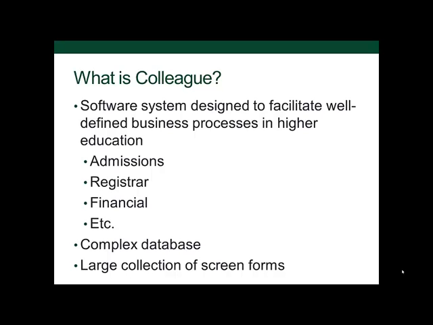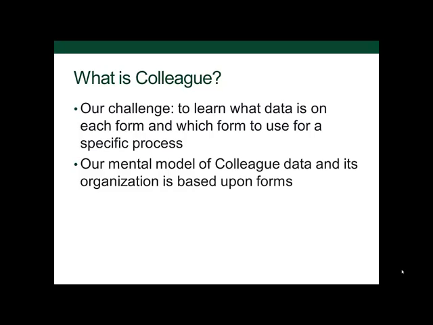At its core, Colleague is a complex database, but its functionality is centered on using the data to accomplish business processes. So as users, we see Colleague as a series of screen forms. And our challenge is to learn what data is on what form and which form to use for which purpose. Everything revolves around forms and processes. So our mental model of the data and its organization is based on the forms that we use to work with it.